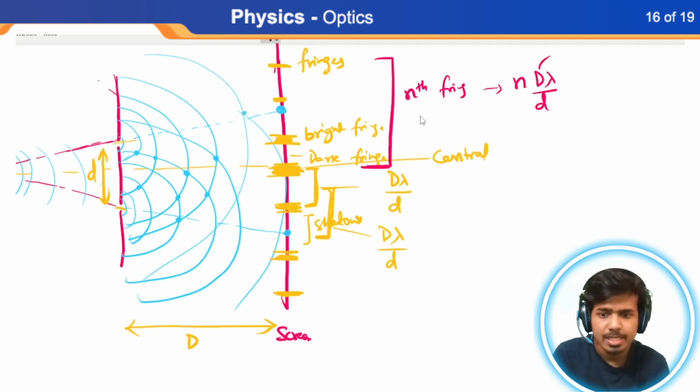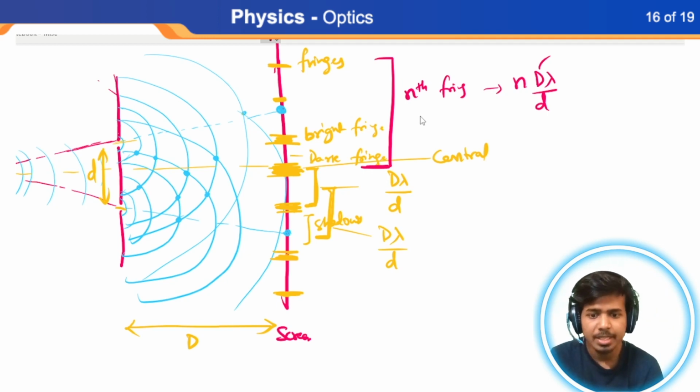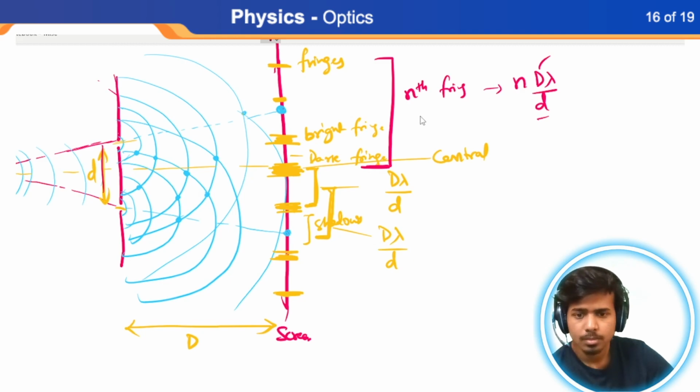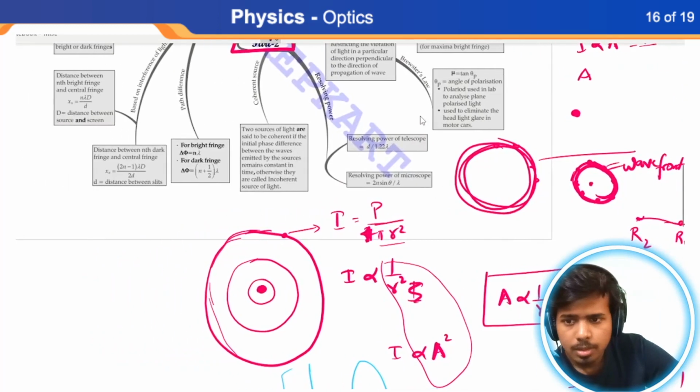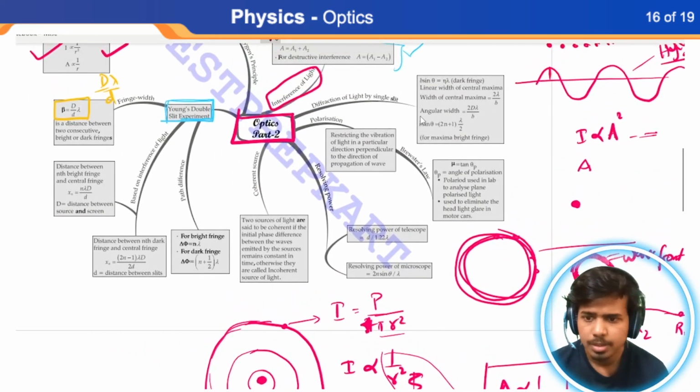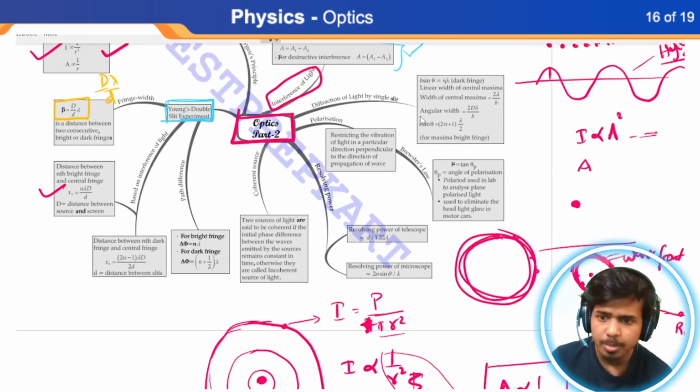D is the distance from the slit to the screen, and small d is the distance between the two slits. All right, so this is the basic of double slit experiment, n lambda D by d.